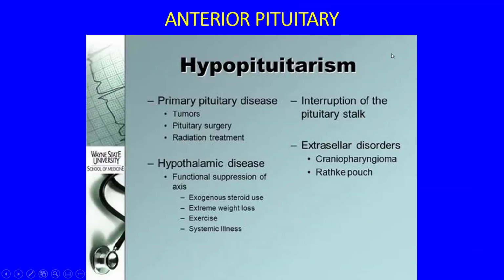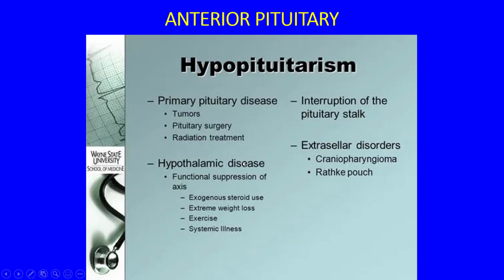And here we have hypopituitarism. Keep in mind that it could be a little bit more profound from the sense that it would not necessarily be a primary pituitary tumor, but it could be something such as the interruption of the pituitary stalk, the damage to the infundibulum. Okay?